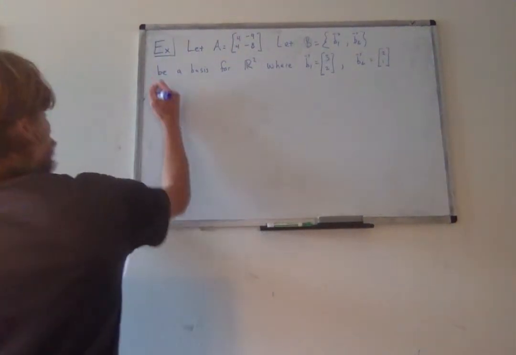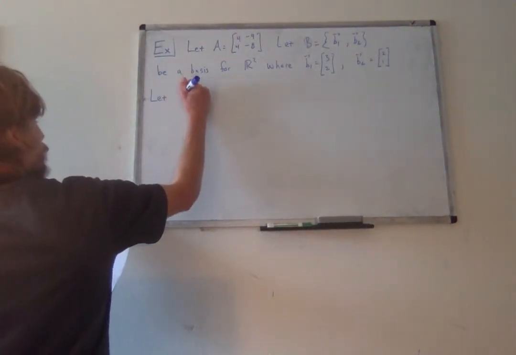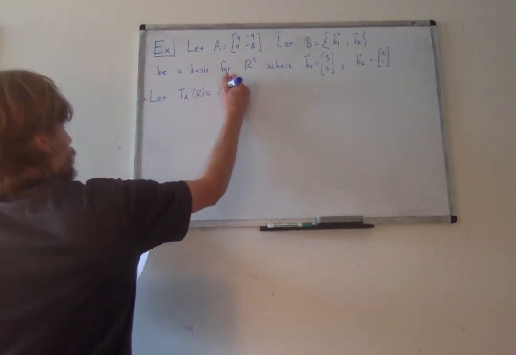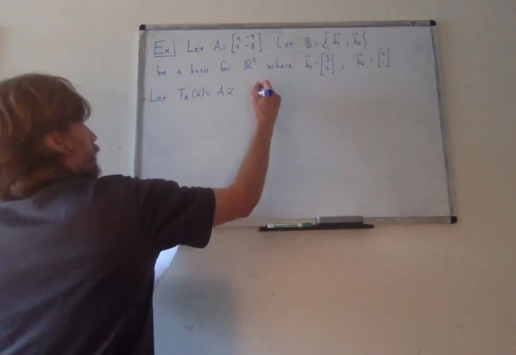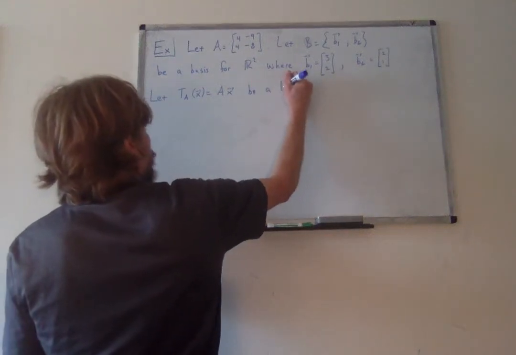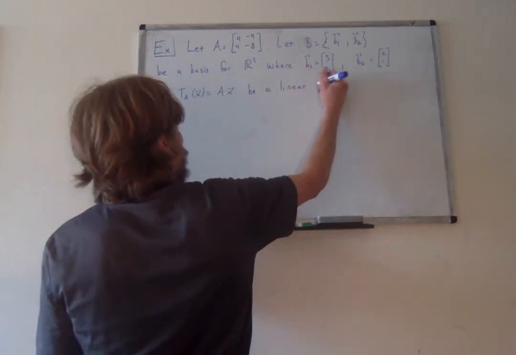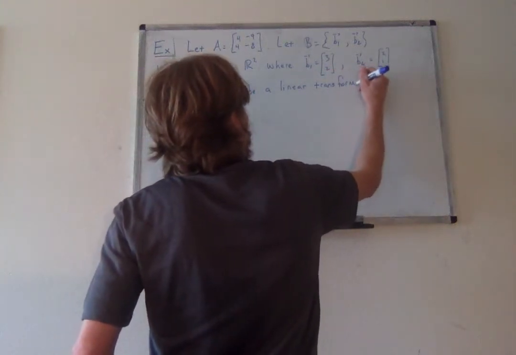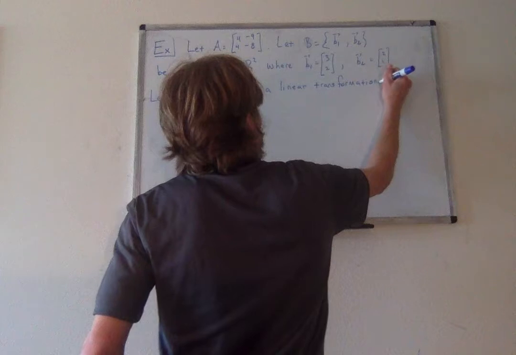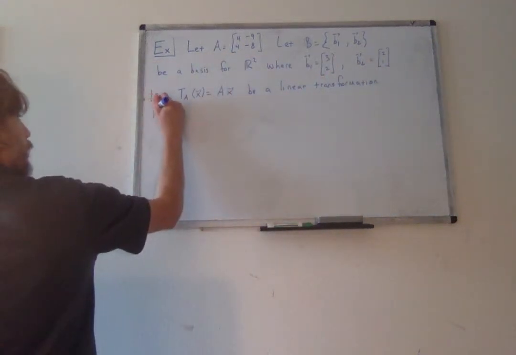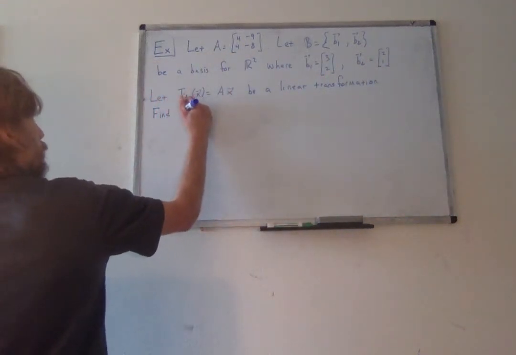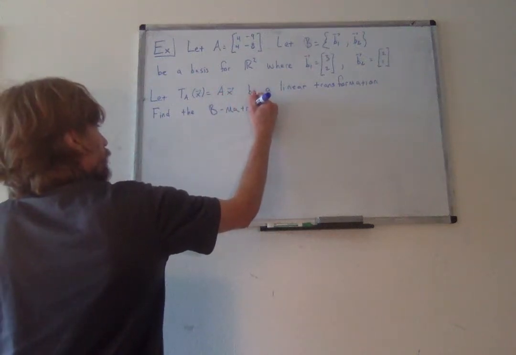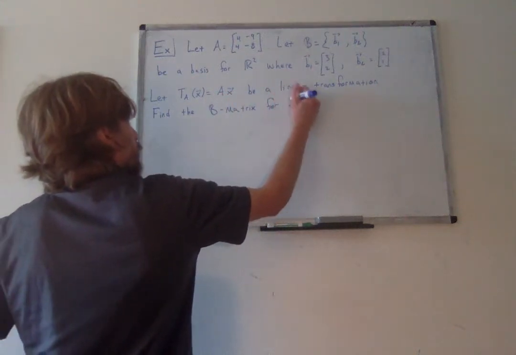So what we want to do is let T sub A of x equal A times x be a linear transformation from R2 to R2, and we want to find the B matrix for T sub A.